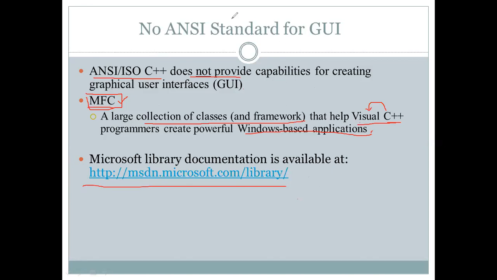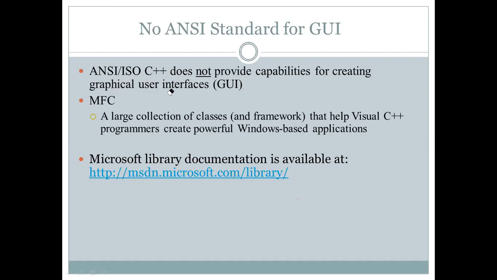Okay, is it clear? So why did we introduce MFC? The main reason is the drawback in ANSI C++, that it does not provide the capability for creating a graphical interface.